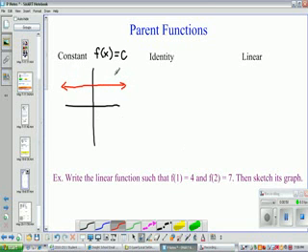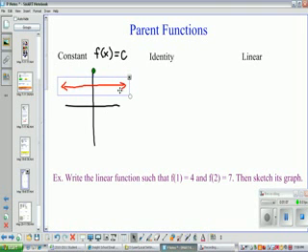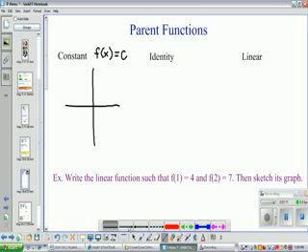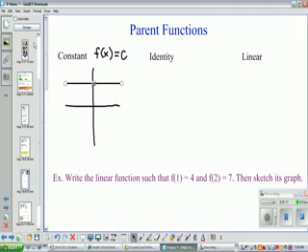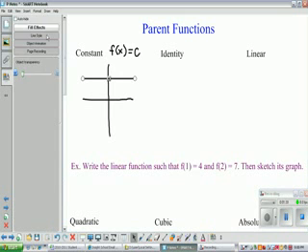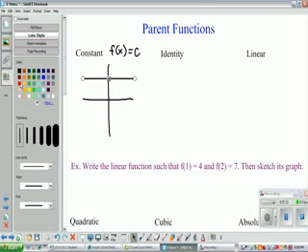So that's our graph of f of x equal to c. That is a horizontal line. What happens is all the values stay the same, or stay constant, along that line. I'm going to use my line to make it a little bit straighter. So all of the numbers, or the outputs, stay the same.